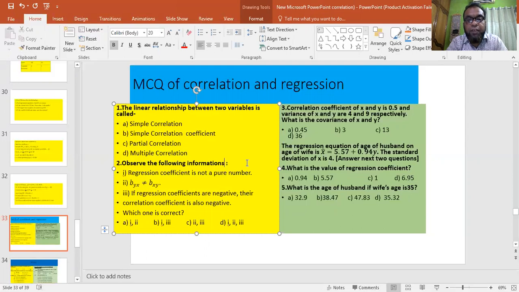If the regression coefficients are negative, that is Byx is negative and Bxy is also negative, then their correlation coefficient is also negative. You know, there is a relation between the regression coefficients and the coefficient of correlation.